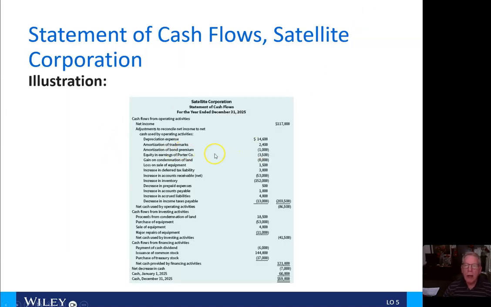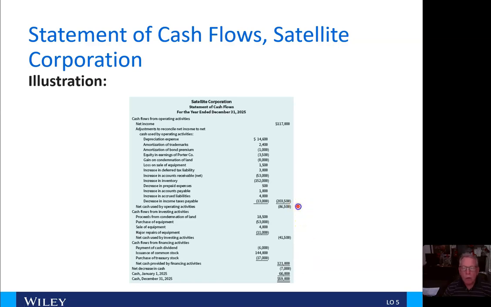Okay, so now our statement of cash flows can be prepared, and here is all the adjustments to cash flows from operating activities, and we've been through all of these, so I won't go through them again. Here's the net cash used by operating activities, and here are the net cash used by investing activities, and here's the net cash provided by financing activities.